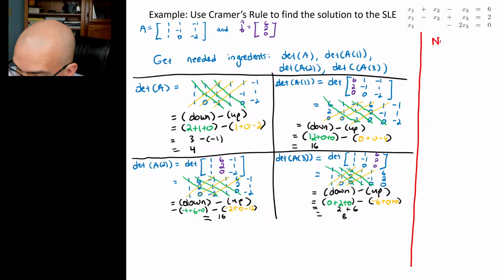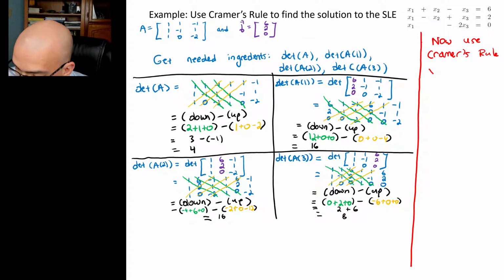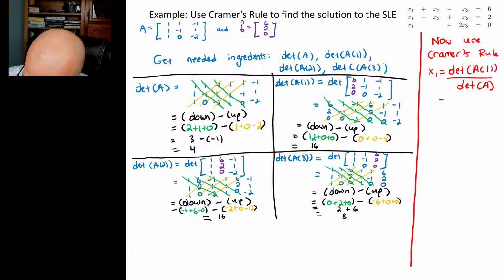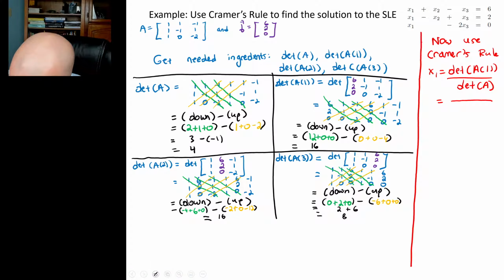Now use Cramer's rule. So Cramer's rule says that x1 is equal to the determinant of the replacement matrix A1 divided by the determinant of A. So that will be the determinant of A1, we got 16.